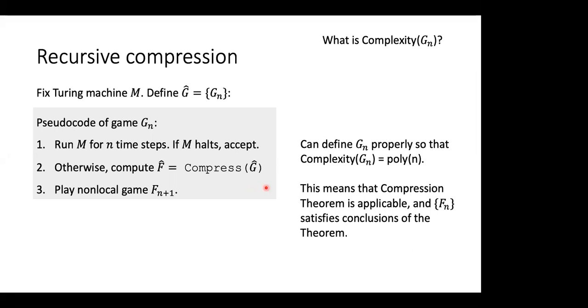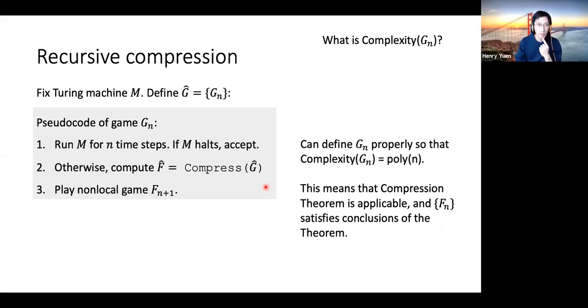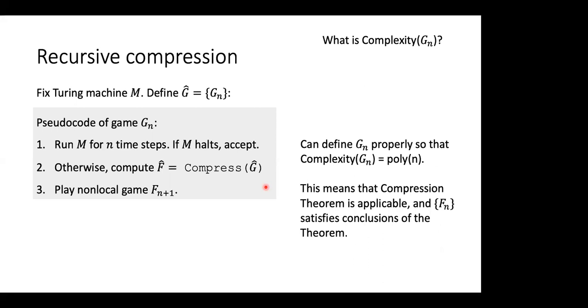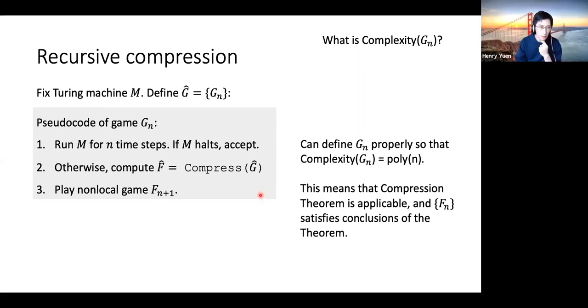Because if it wasn't polylog n, if it was n or poly n, then you wouldn't be able to compress G hat here. Or it would compress something, but we wouldn't know what to say about the output F. Oh, okay.